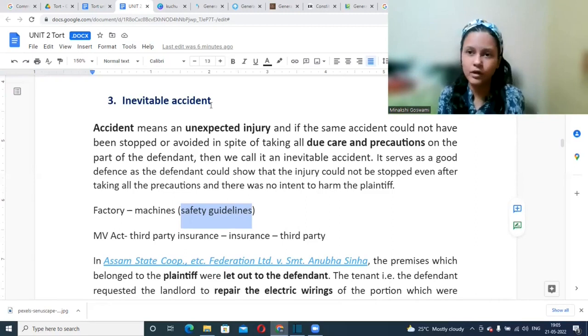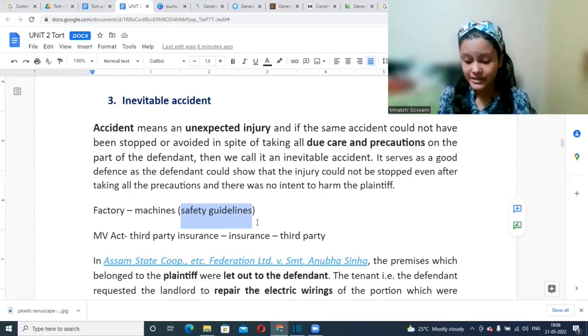Even after that, because it's a machine, there is no guarantee. Something happened even after following all the safety guidelines. In such a case, you cannot make the manager of the factory liable. He will say that I did whatever best I could have done, even after that it happened, as in it's inevitable accident. Is it clear? Yes, ma'am.